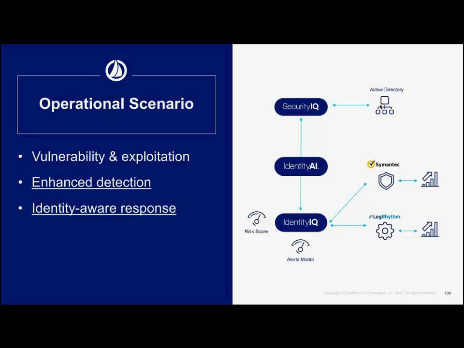So we know something's bad going on, so we push our file classification information out to share with those systems. This allows a Symantec or a McAfee or something else that's out there to make more informed block and mitigation decisions, right? Everybody's sharing in this identity-aware ecosystem view.